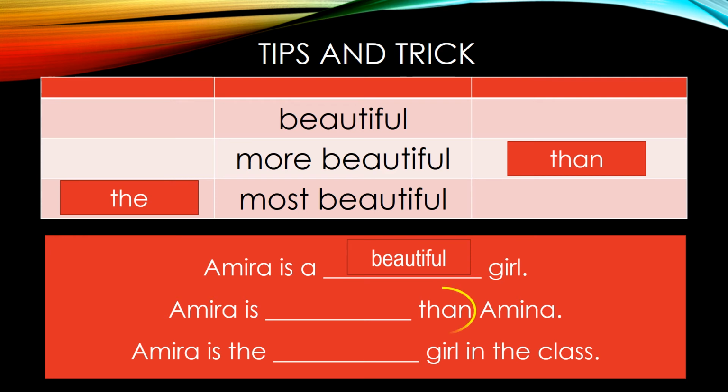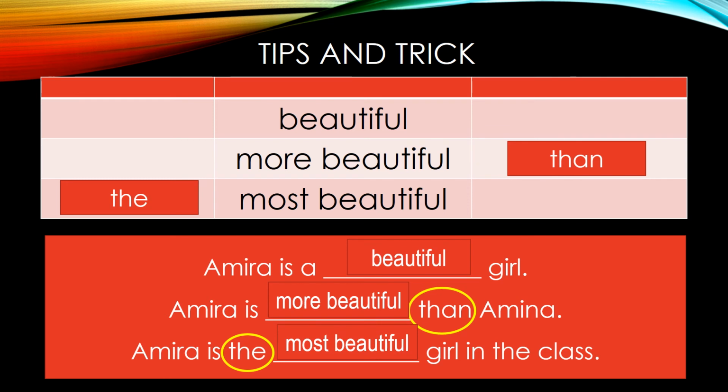That's the keyword then after the blank, so the answer must have more. Amira is more beautiful than Amina. The third one, Amira is the girl in the class. Here we can see that there's the keyword the before the blank, so the answer must have most. Amira is the most beautiful girl in the class.